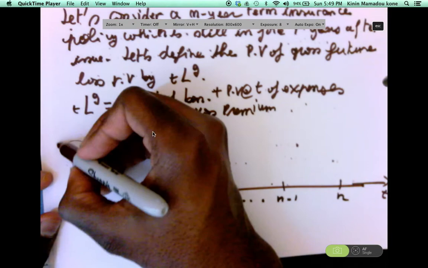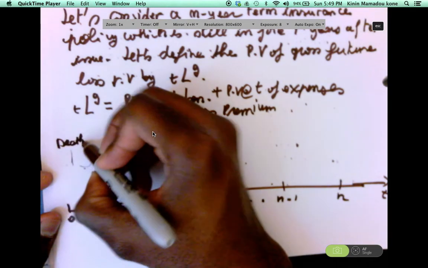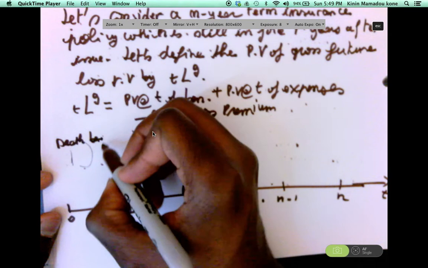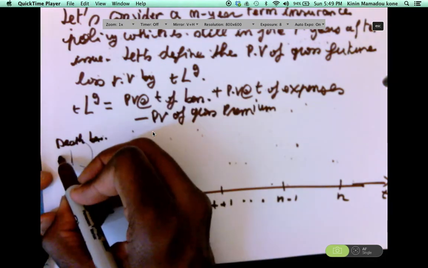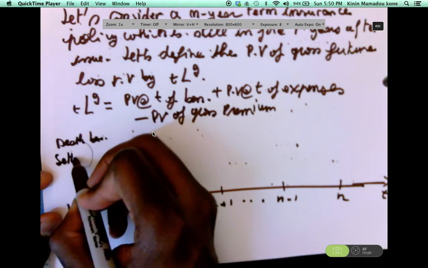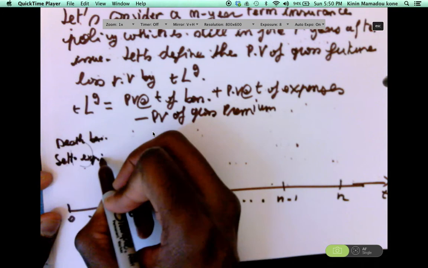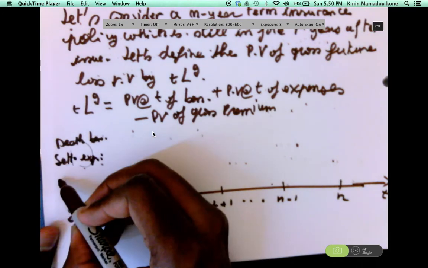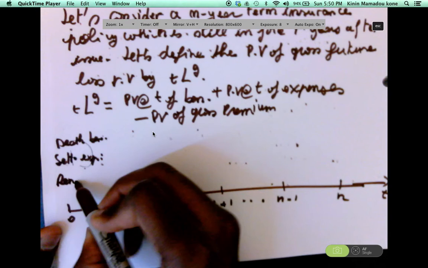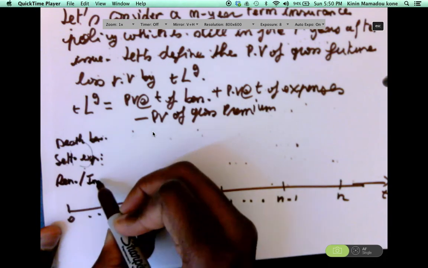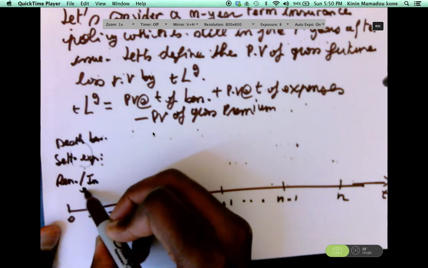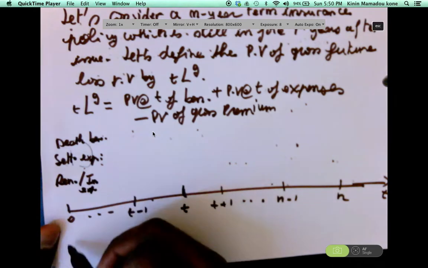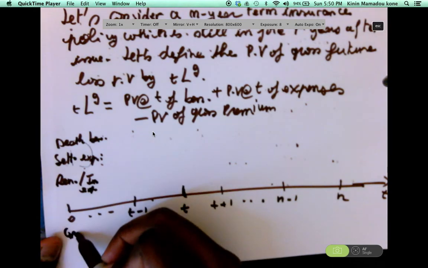So death benefit here. This is settlement expenses. We have renewal and initial expense. We have the gross premium here.